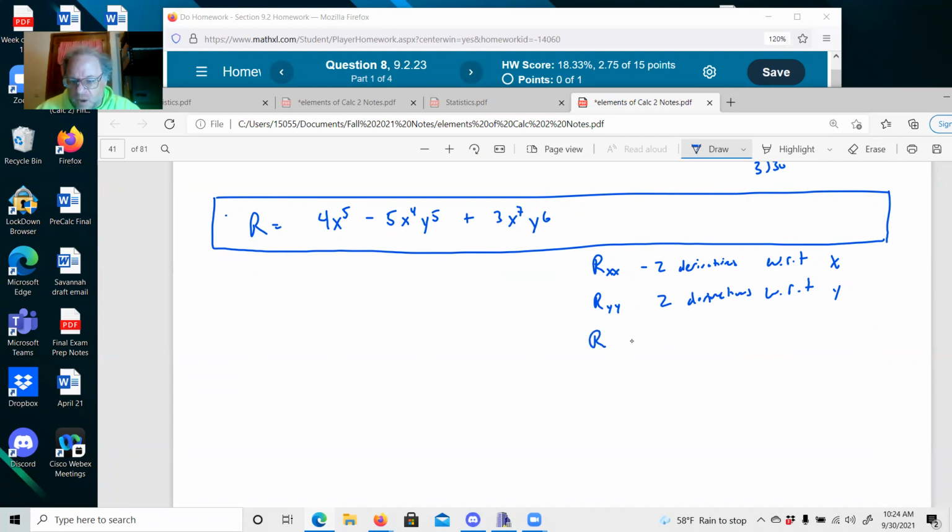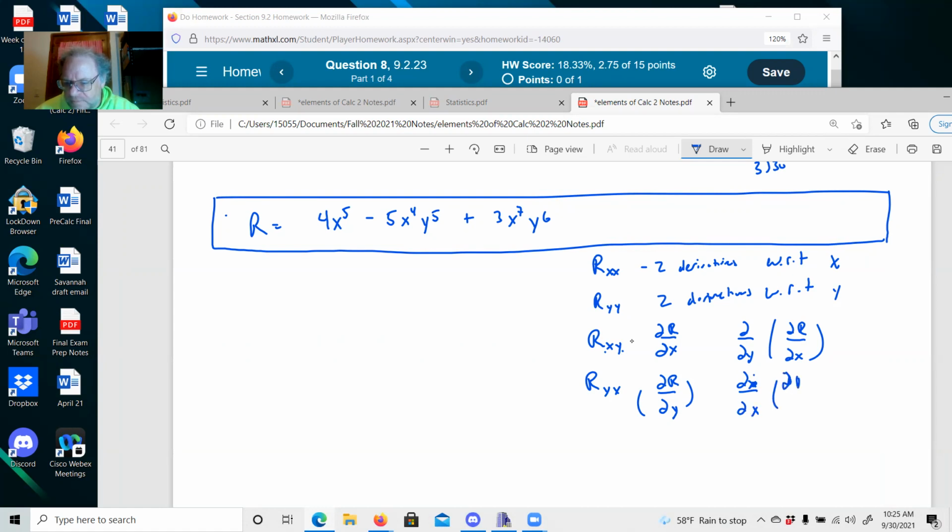We could have rxy and ryx. This means take the derivative of x, but then take the derivative of y. So we're going to do partial of x, and then we're going to do partial of y. This one, we're going to do partial of y, and then we're going to do partial of x.